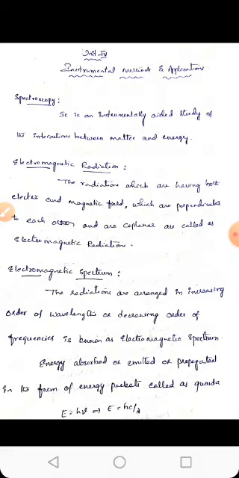Then coming to the laws of absorption. When a beam of light radiation is passed through a homogeneous medium, the radiant energy may be partly or entirely absorbed, transmitted, reflected or scattered.